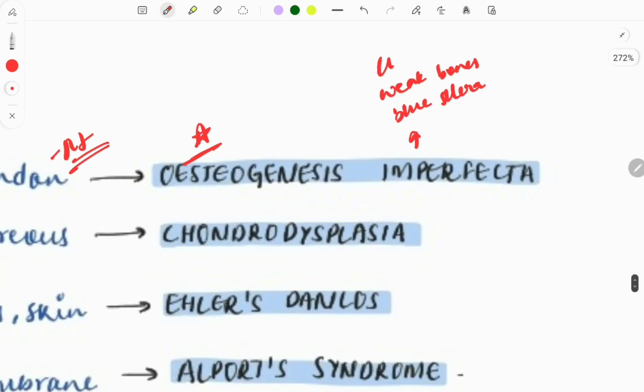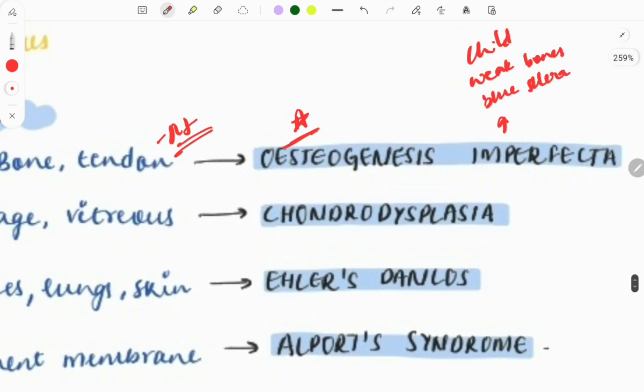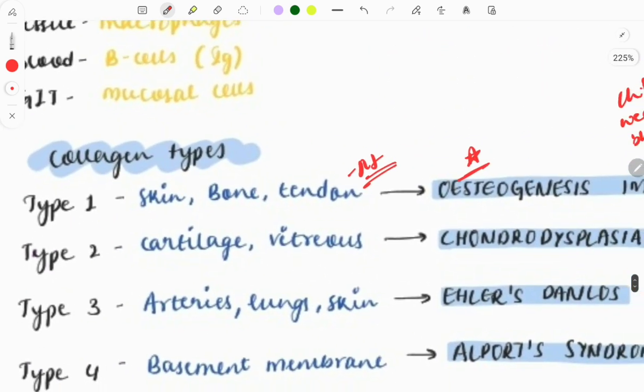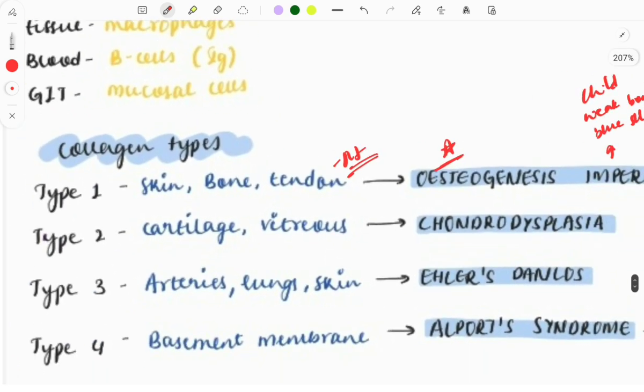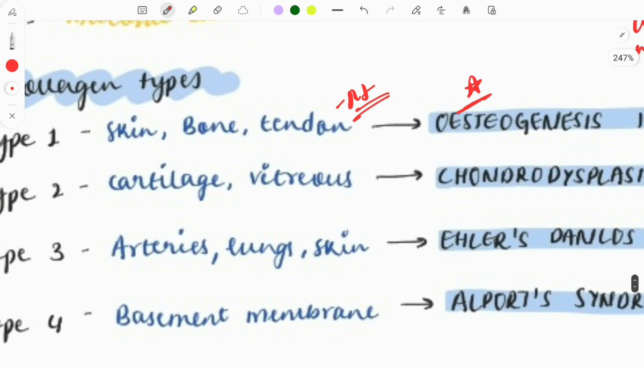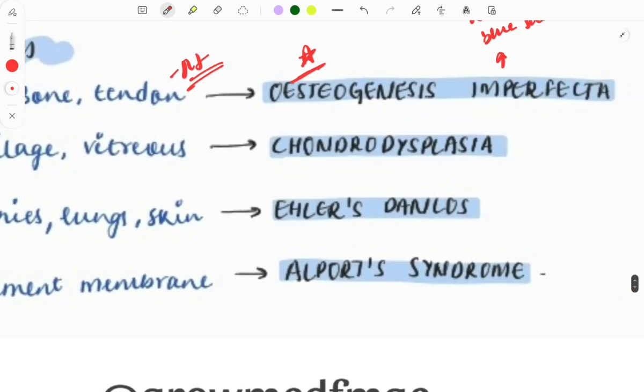Okay, so a child with weak bones and blue sclera, think in terms of osteogenesis imperfecta, defect in type 1. Then type 2 involves cartilage and vitreous, and a defect will cause chondrodysplasia.